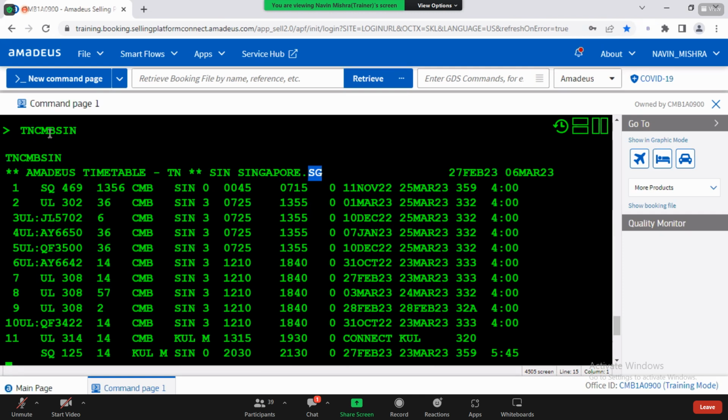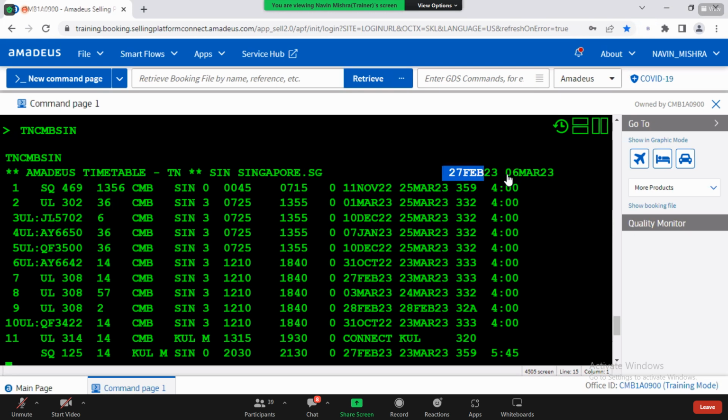Now, have I entered any particular date here? Tell me, yes or no? No, but the system automatically picks the logic and calculates. It picks today's date, and from today it added the next 6 days.